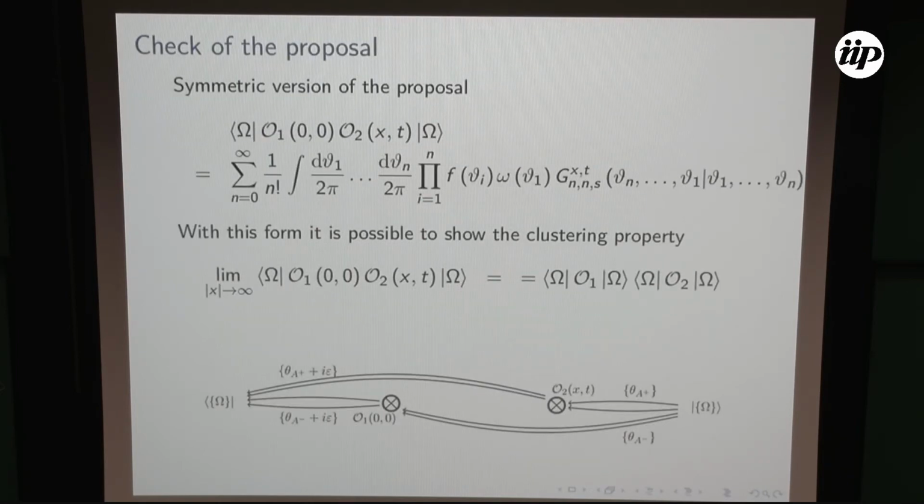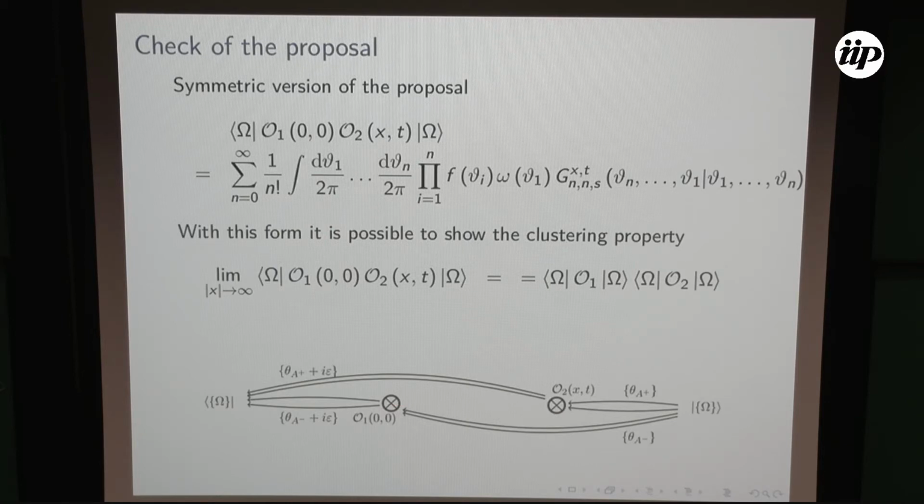One more important property that you expect from a two-point function is the cluster property. For that, if you take the symmetric way of writing this and take the separation of the two operators really big, space-like, then you can argue that all the integrals between the operators are going to be zero, so there's no intermediate particle.